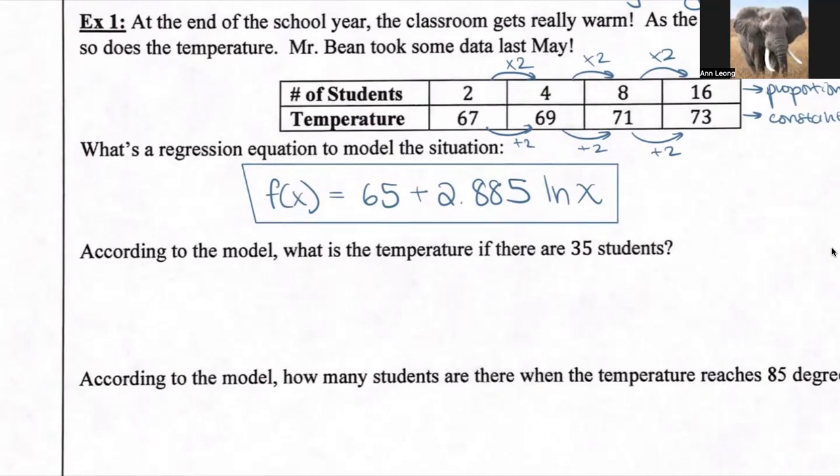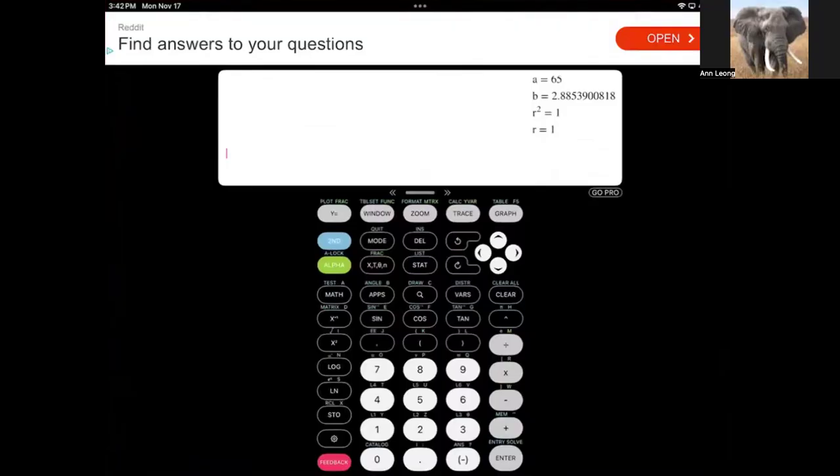And the next part, according to the model, was the temperature if there are 35 students. That's my x variable, so I'm going to plug 35 into my function. Since I stored this already, I can access that: alpha, Y1, parentheses 35.